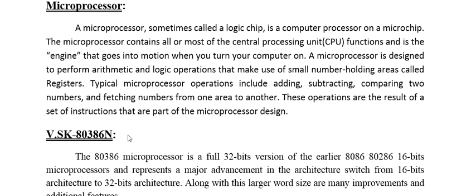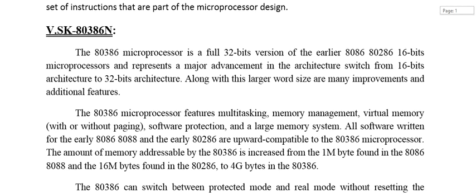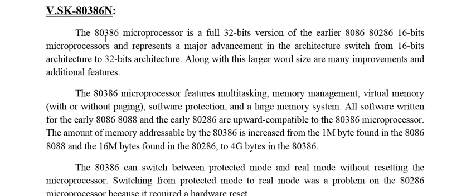So now we will talk about V.SK-80386, and we will talk about the trainer. This is the trainer model number. The 80386 microprocessor is a full 32-bit version of the earlier 8086 and 80286 16-bit microprocessors, and represents a major advancement in the architecture, switching from 16-bit architecture to 32-bit architecture.